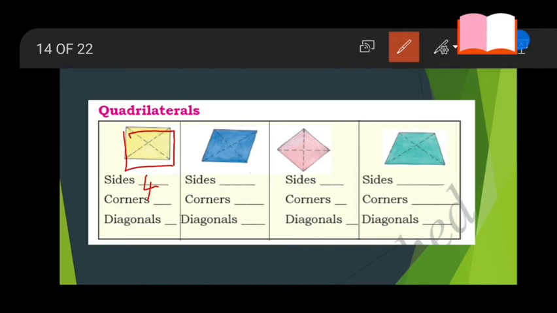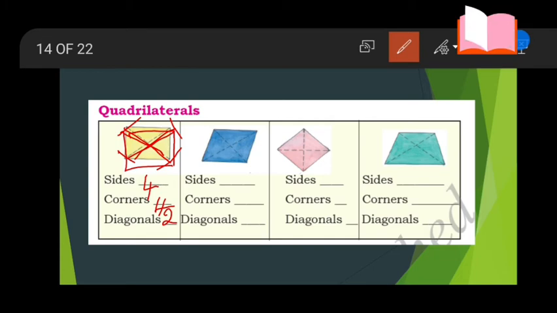Quad means 4, so there are 4 corners. A diagonal is a line which is used to join the corners of the quadrilateral. How many cross lines have we marked here? 1 and 2. So there are 2 diagonals in the quadrilateral.